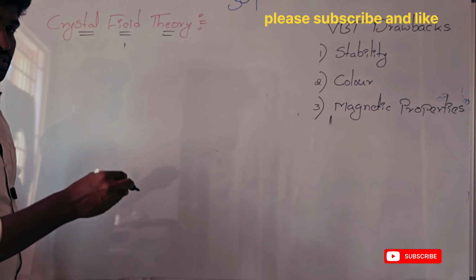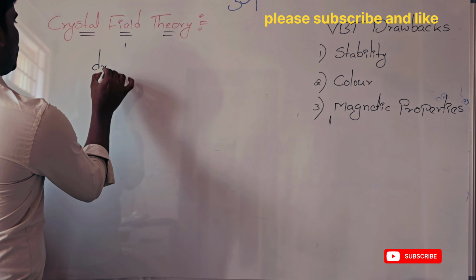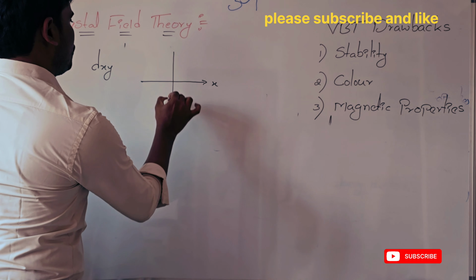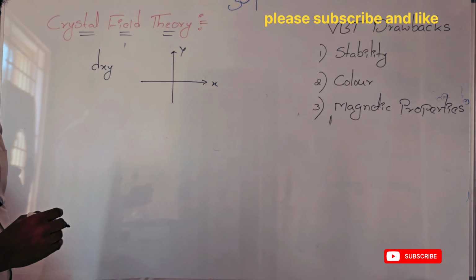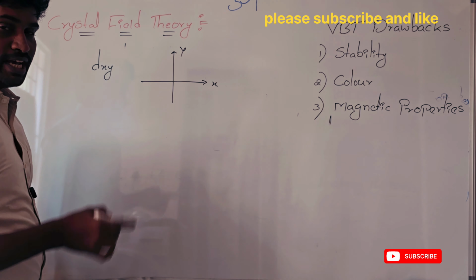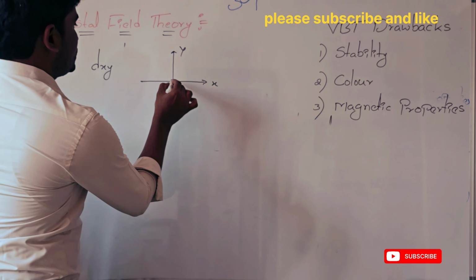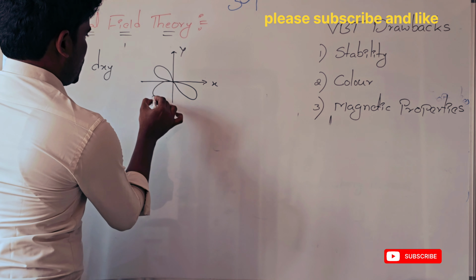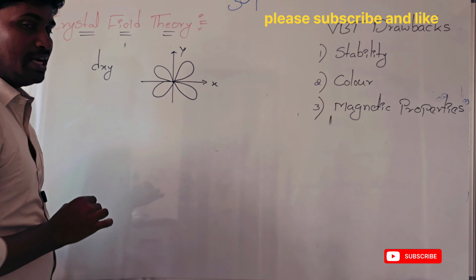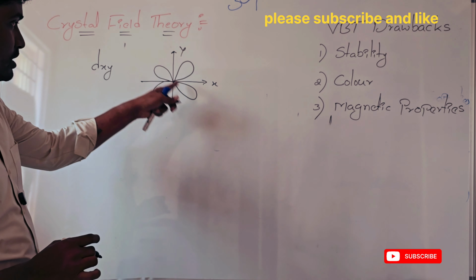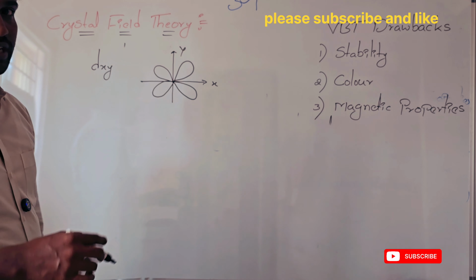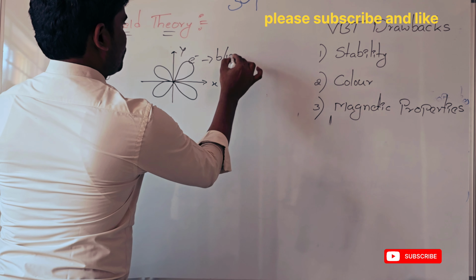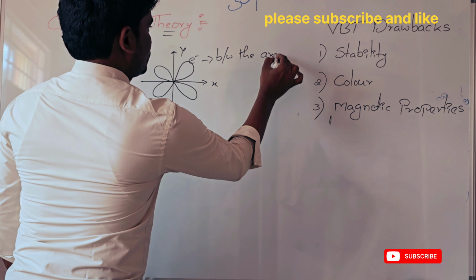The first orbital is dxy. For example, here this is the x-axis and this is the y-axis. As I said, for dxy, dyz, dzx, the electron density is revolving between the axes. Here it is between the x-axis and y-axis. You know that the d orbital shape is a double dumbbell. This is one dumbbell, this is another dumbbell, that is the double dumbbell shape. So the electron is revolving between the axes. Next is dyz, where this is the y-axis and this is the z-axis, so the electron density is between the y and z axes.